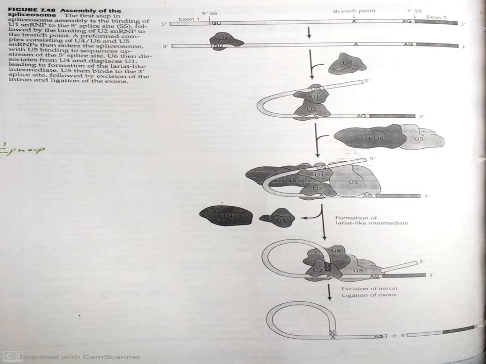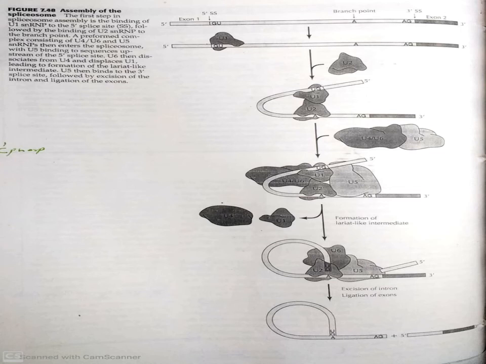These spliceosomes consist of approximately 10 proteins and some small nuclear RNAs, and these small nuclear RNAs are 5 in number. So we'll start step by step.